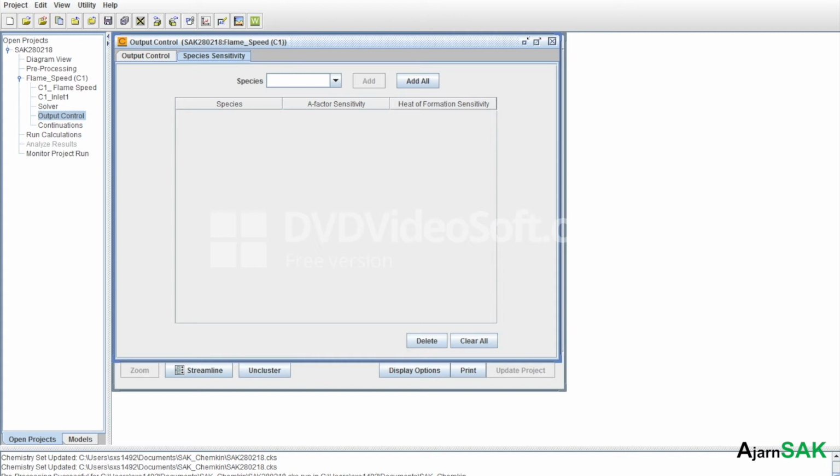And at the end of your solution, it will give you the sensitivity path for that specific species. It will give you a sense: if you increase your temperature, what will happen to your NOx output? If you decrease your pressure, what happens to NOx? And all those things. Okay. So this is a very professional way to see what happens to one species in terms of other parameters.